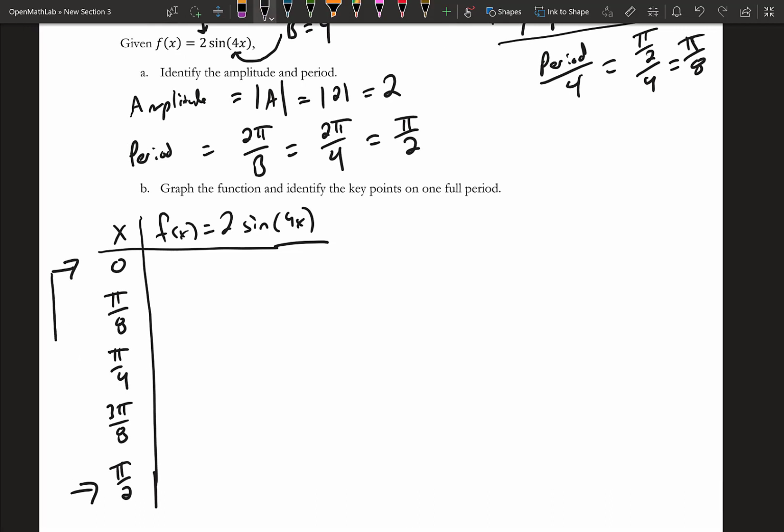Between 0 and 2 pi would be one period. So then now I just need to plug these values in.